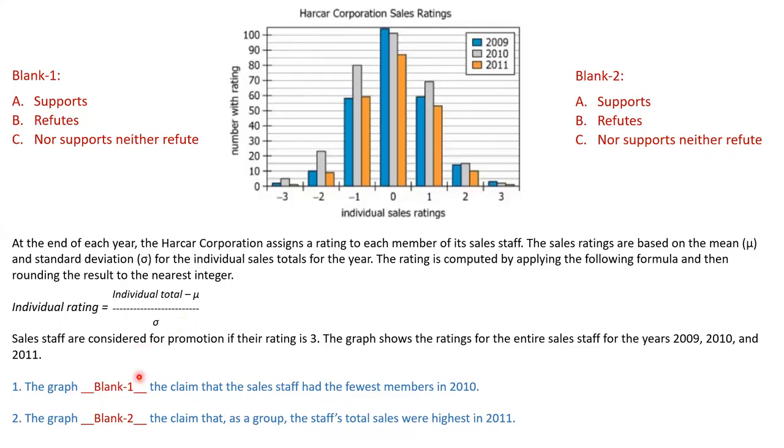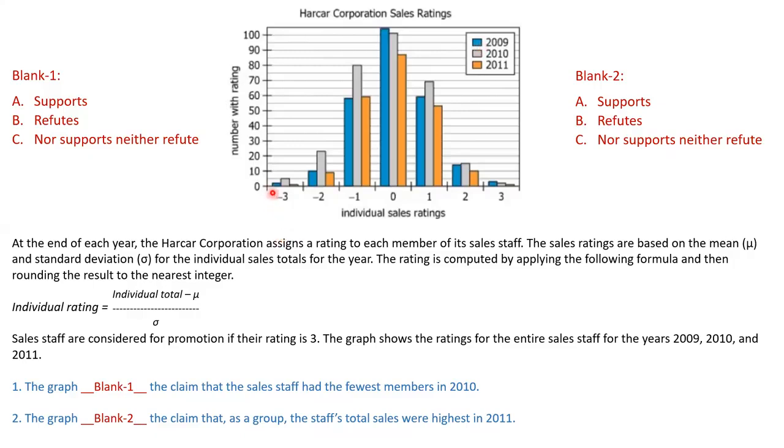So the graph dash, the claim that sales staff had the fewest members in 2010. Fewest members in 2010. We just have to calculate, actually, right? In 2009, total of how many sales staff?